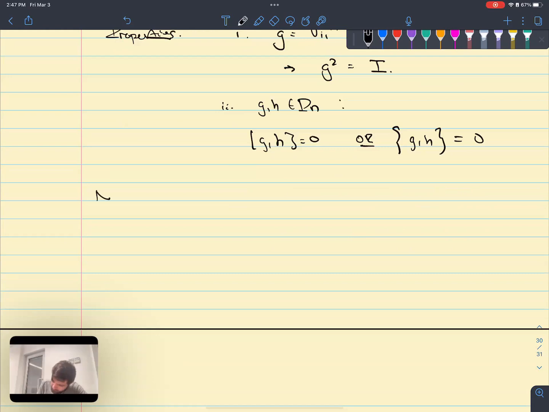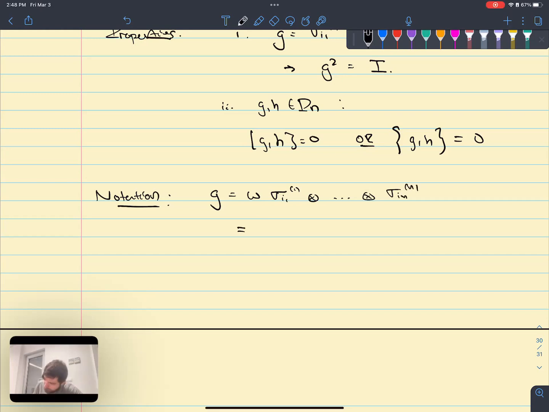And so let's use a useful notation instead of writing out this tensor factor every single time. What I'll do is the following. G, written as above, sigma_{i1}^1 tensored through sigma_{iN}^N, we will write as omega times sigma_{i1} sigma_{i2}.